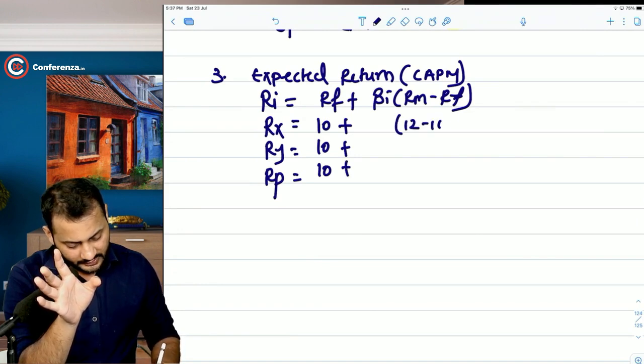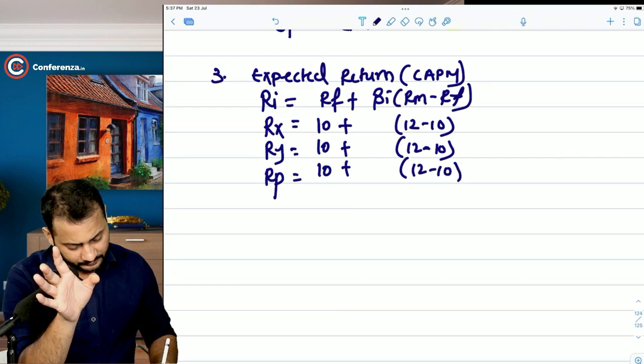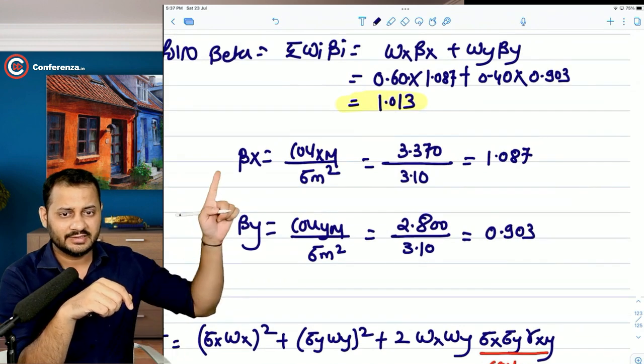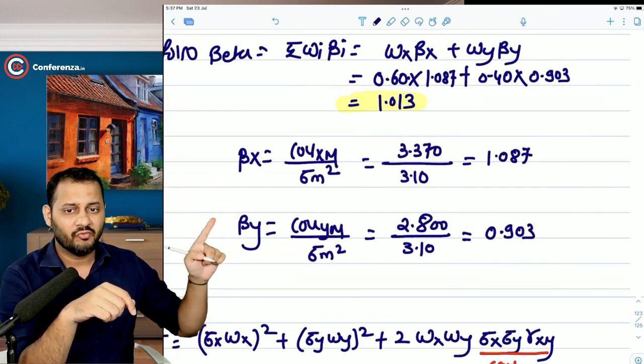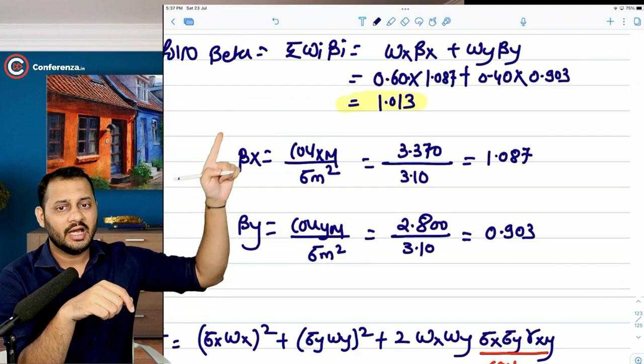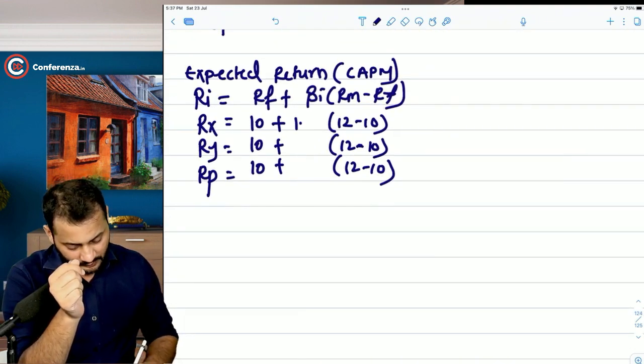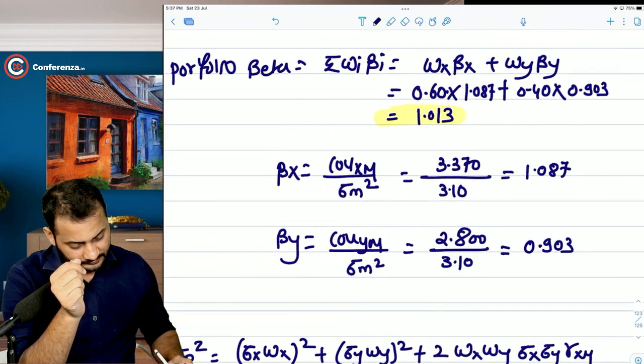And 12 minus 10, you can write down 2 directly if you are smart enough. Let's write down the betas of all the three. So beta of X is 1.087, Y is 0.903, and the portfolio is 1.013. Am I right?